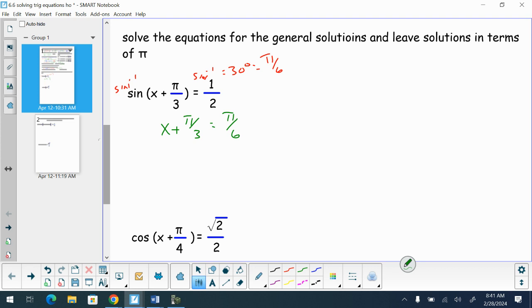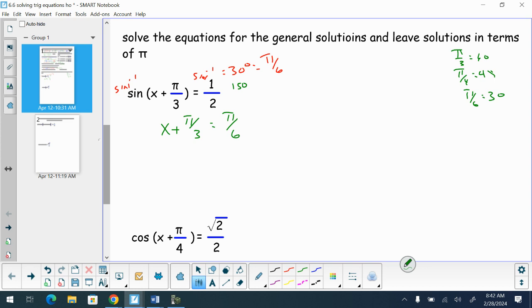We also have its supplement. You can deal with the supplement by subtracting off of pi, or, well, what's the supplement to 30 degrees? 150. So we have a supplement, which is 150, and in terms of pi, it's nice to know these. Pi over 3 is 60, pi over 4 is 45, pi over 6 is 30.